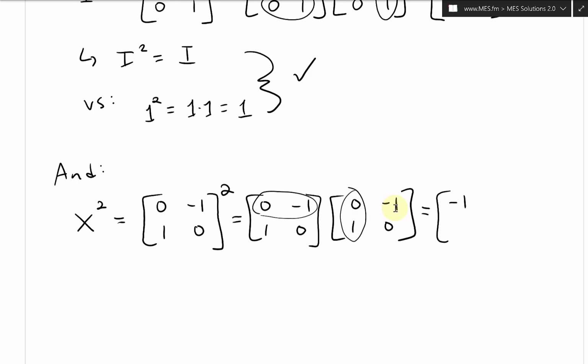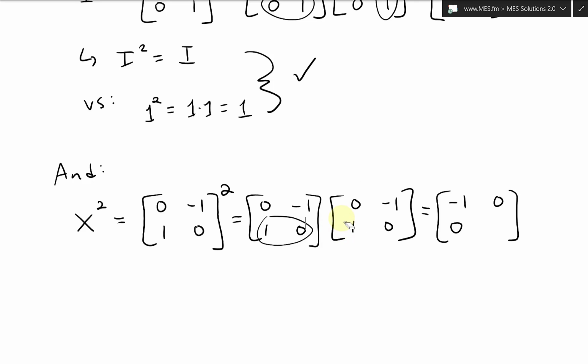Now the next one is the first row, second column. So we go 0 times -1 is 0, -1 times 0 is 0, so those add up to 0. The next one is this row and this column: 1 times 0 is 0, plus 0 times 1 is 0.